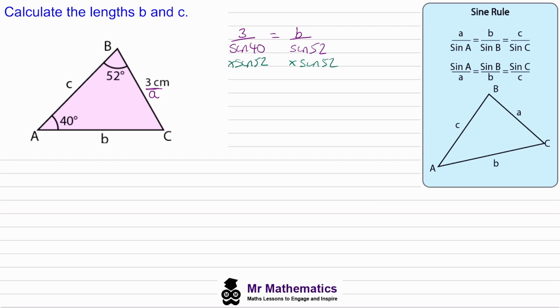So now we have 3 multiplied by the sine of 52, over the sine of 40. Remember that we're only multiplying the numerator by the sine of 52, not the denominator, just the numerator. And this will equal length b. We can work this out on our calculators.